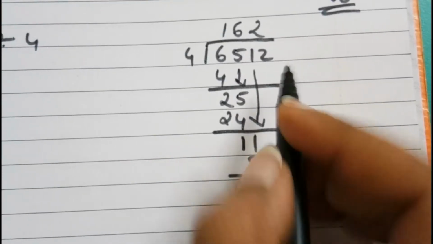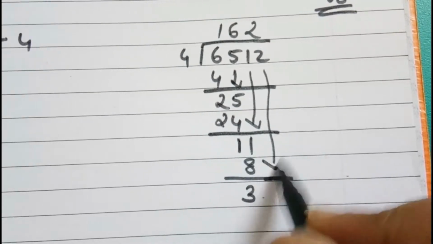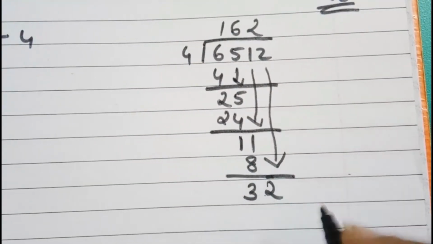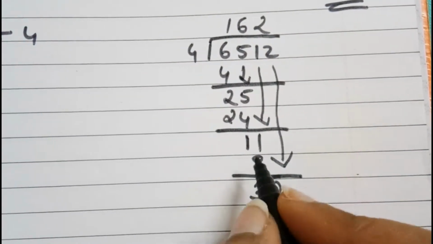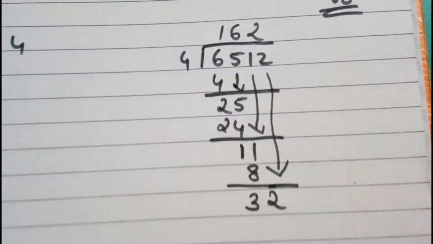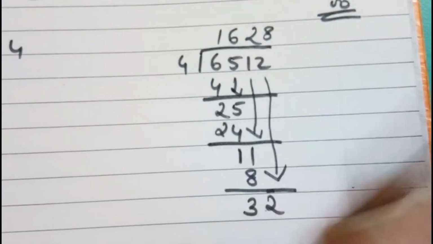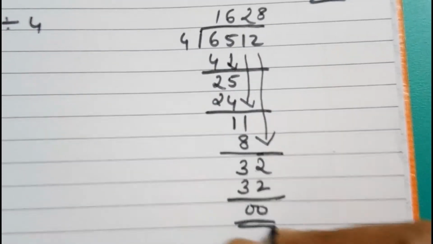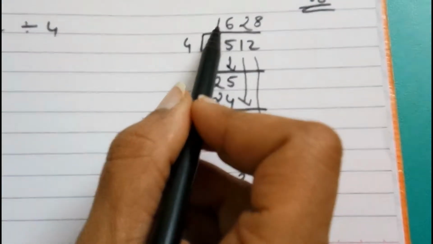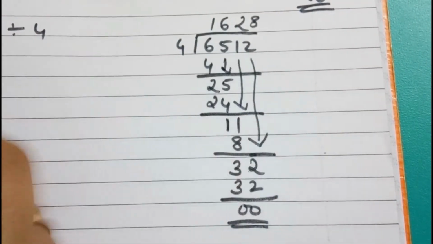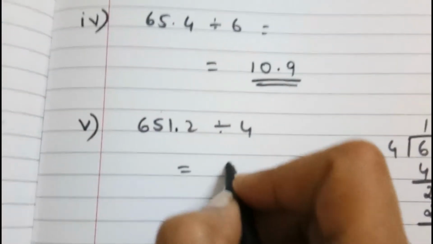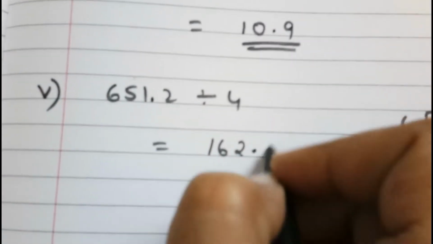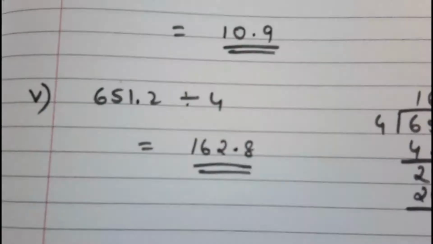Now since 3 is smaller than 4, we'll bring down this last number, which is 2. So how many times will 4 go in 32? Yes, 8 times. 8 4s are 32. Clear? So what would be the answer? 1628. Now since there is only one number after the decimal point, we will keep the answer as 162.8. Clear?